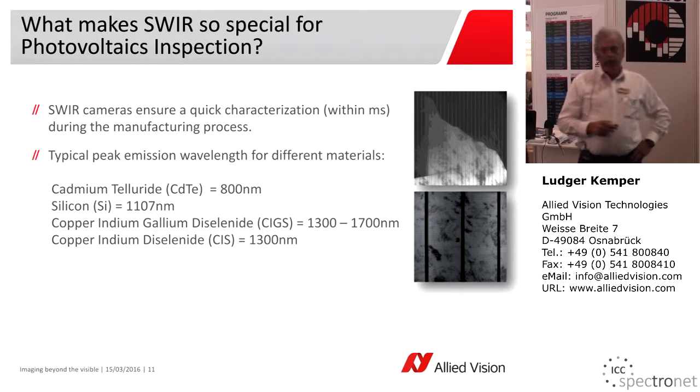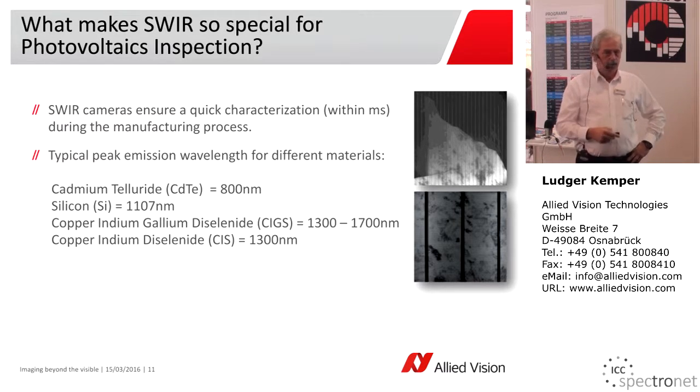These are typical peak emission wavelengths for different materials. Cadmium telluride material emits at 800 nanometers. Therefore you can use CCD cameras. It's in the visible range. Silicon is at 1,107 nanometers. So that is what I showed you before.